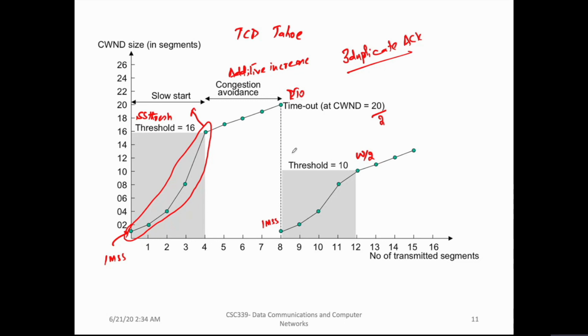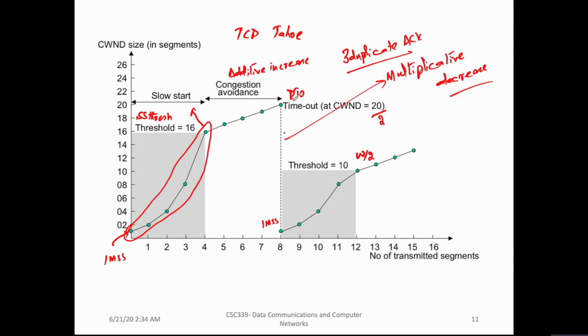By the way, this step here is known as multiplicative decrease. So we have decreased the threshold by dividing the congestion window size by 2, and then we are in the slow start phase again.